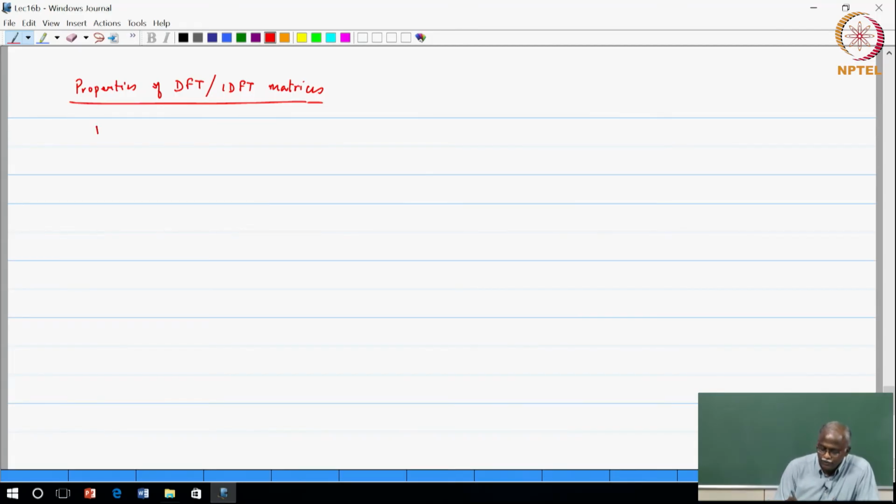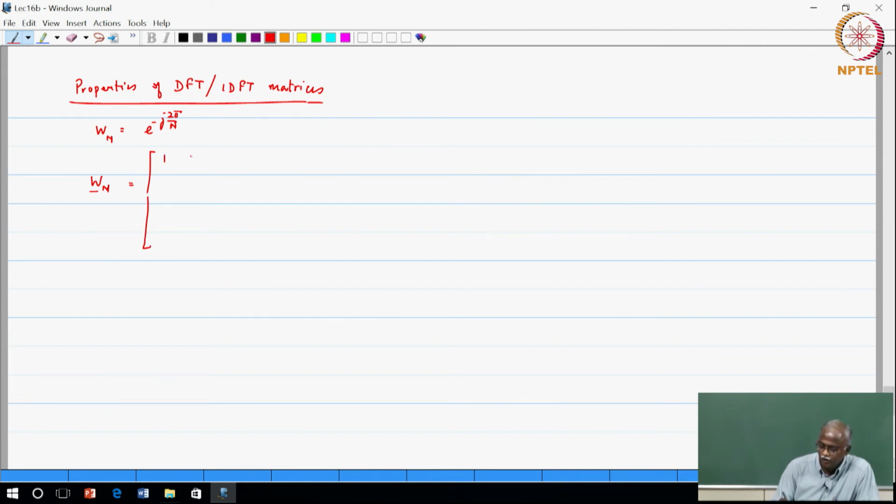So, Wn is e power minus j 2 pi over n. This multiplicative factor would come when we do an n point DFT or IDFT. So, an n point DFT would have the following matrix.